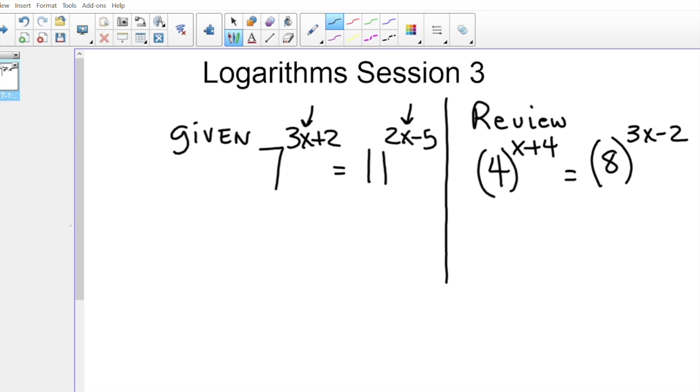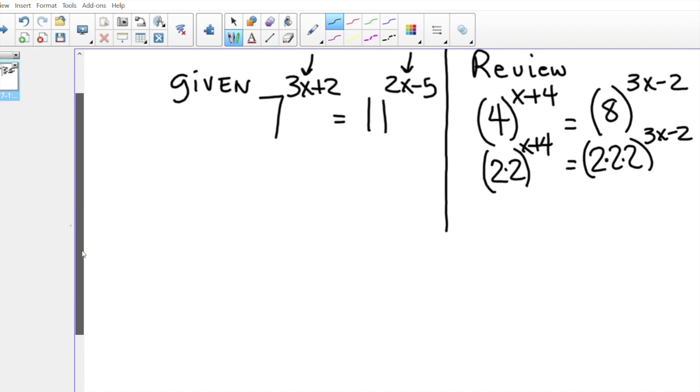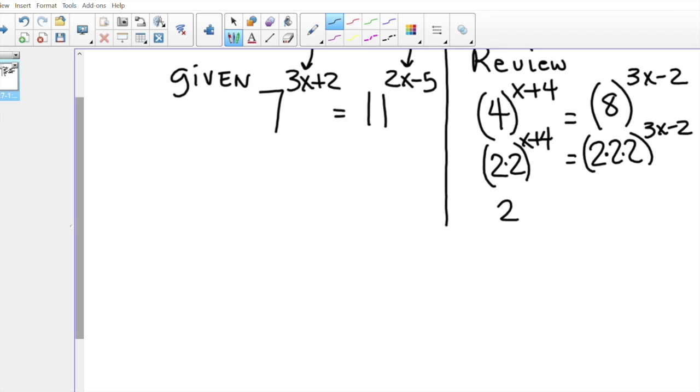Now what we did is that we changed 4 to a power of 2 by saying 2 times 2. And we changed 8 also to a power of 2, so they will both have the same base. So that's 2 squared to the power of x plus 4 equals 2 cubed to the power of 3x minus 2.